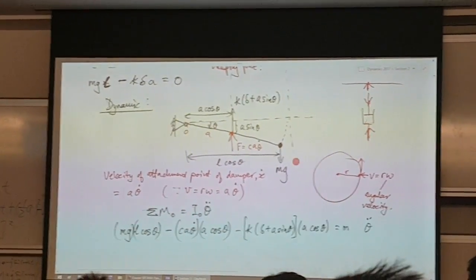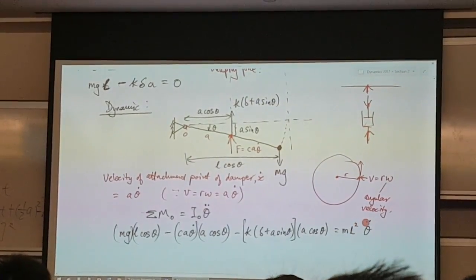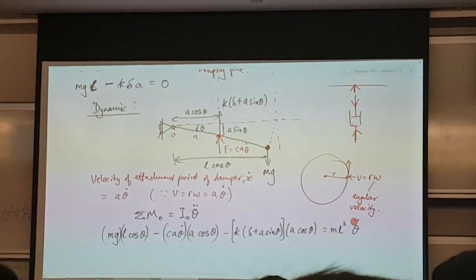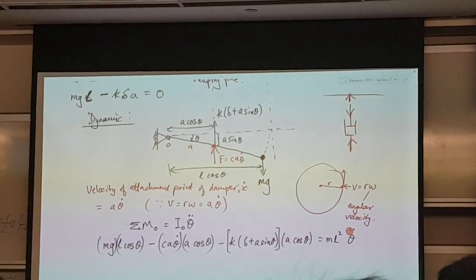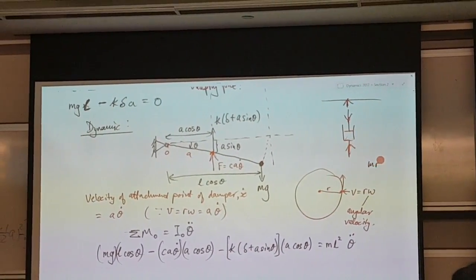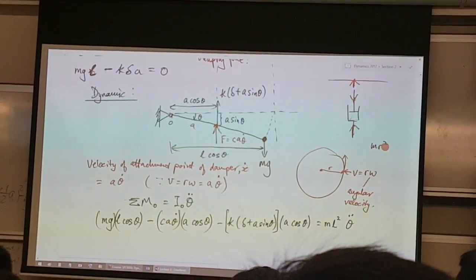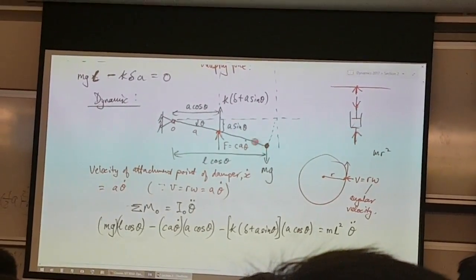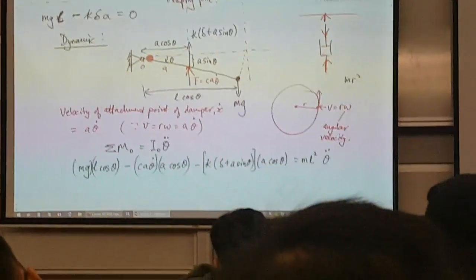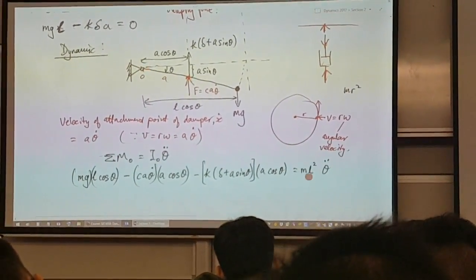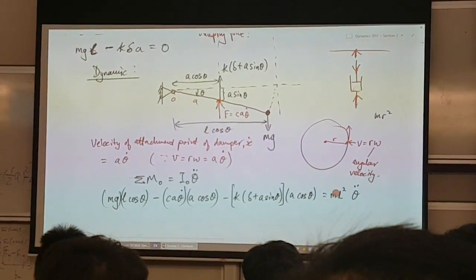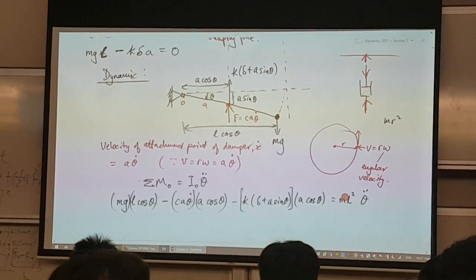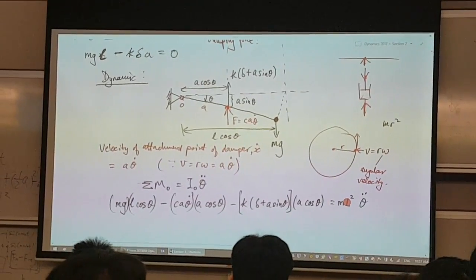In this case the distance is L. In your data sheet, you'll find it written as m r squared, where r is the distance from the point mass to the pivot point. If you're not familiar with this, there's also last week's example you can have a look at.